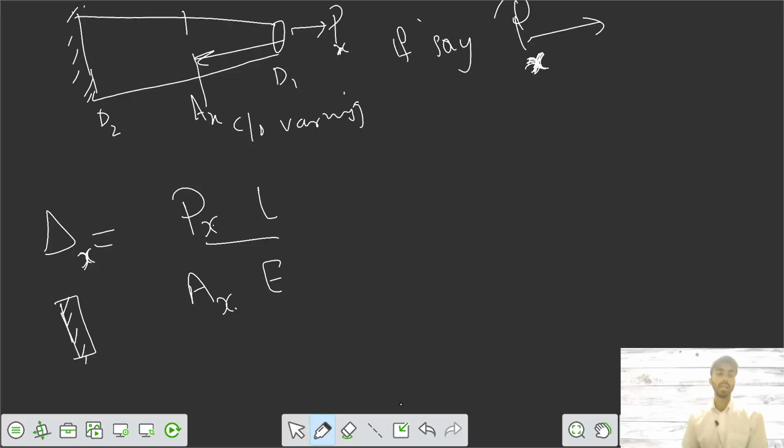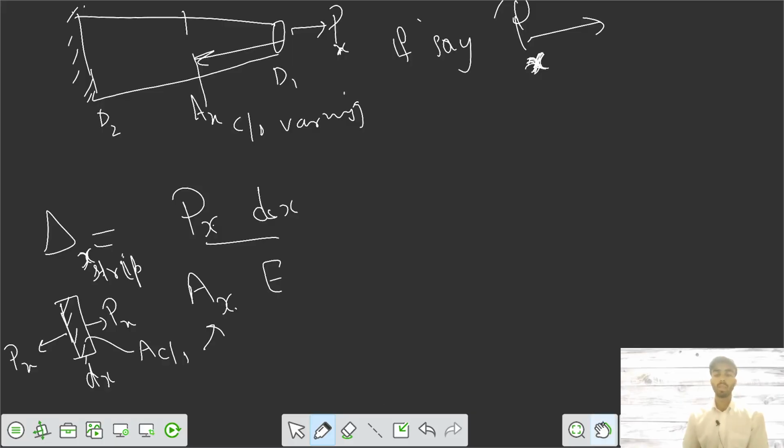Say we take a section dx, that means length is equal to dx. Then you have forces Px and Px here, and the cross-section area is Ax. Because of that, this is your delta at x, delta of an individual strip.